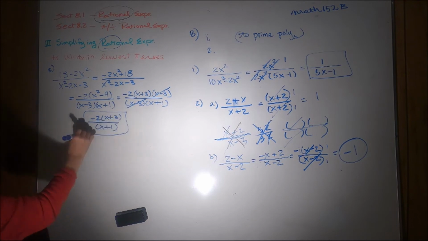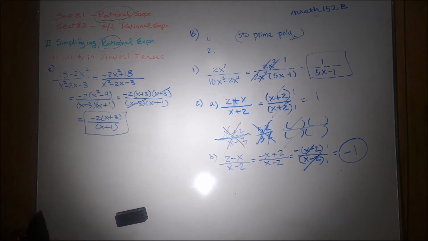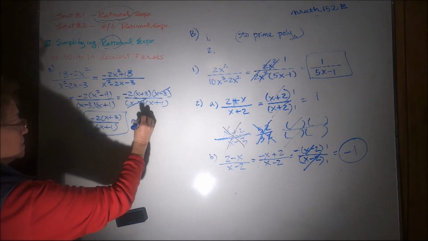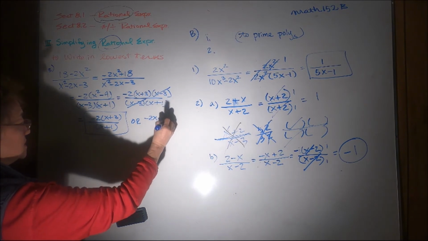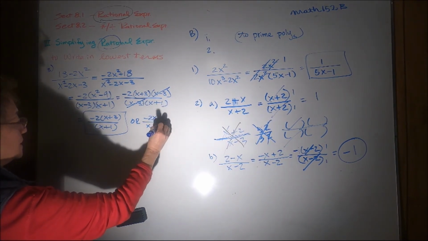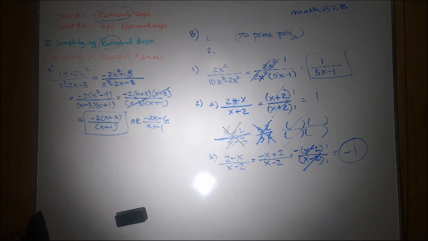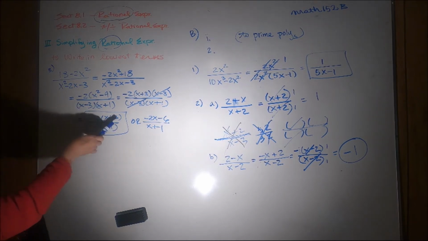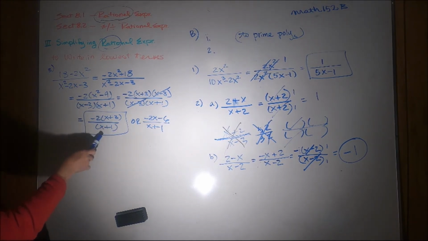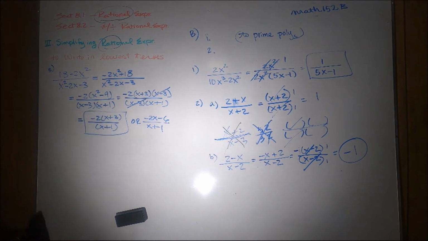Or you can multiply them out, and it becomes -2x minus 6 over x plus 1. It's not quite recommended, because usually we leave them in prime forms so you can see whether or not you need to simplify more.